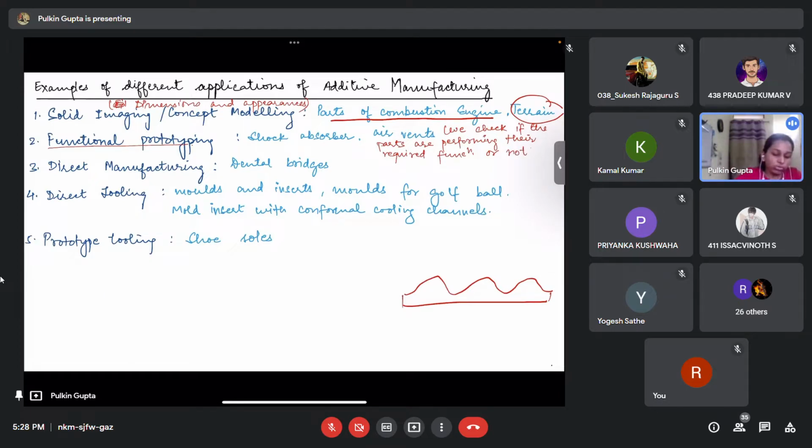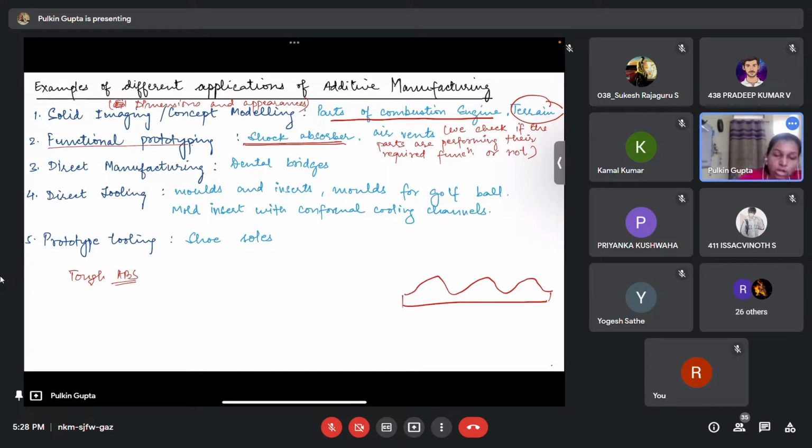For example, the shock absorbers, we can 3D print them using tough ABS. ABS is one of the FDM materials that has good strength. We can have them printed as functional parts and check if they are behaving in a similar manner as a final part is expected to.